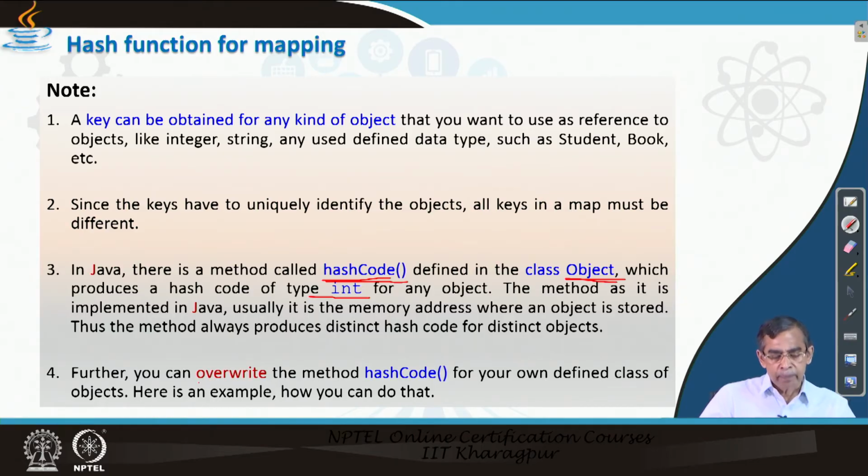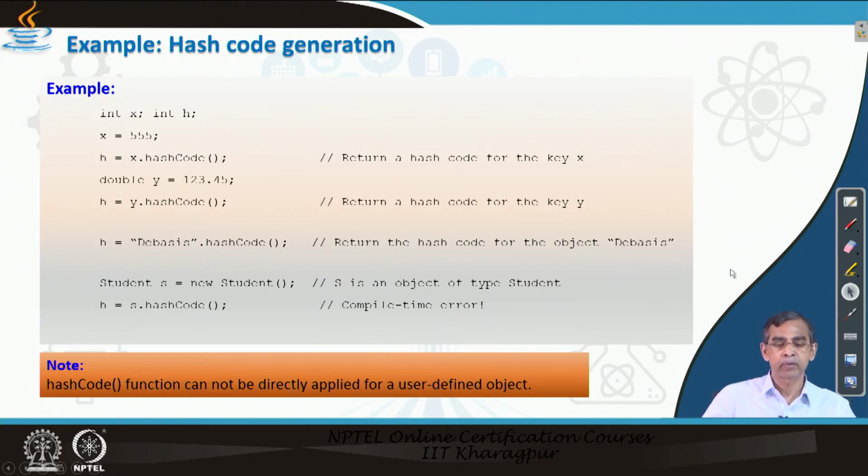However, you can also override the hash code method in your class declaration. We will see exactly how such overriding is possible. That means you can define your own hash code also, and usually that is more desirable from the programming point of view. Now let us consider an example for this.